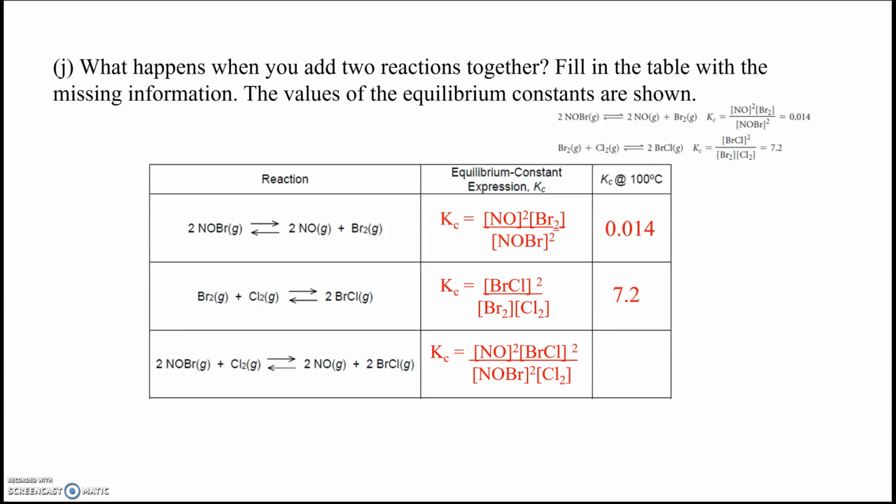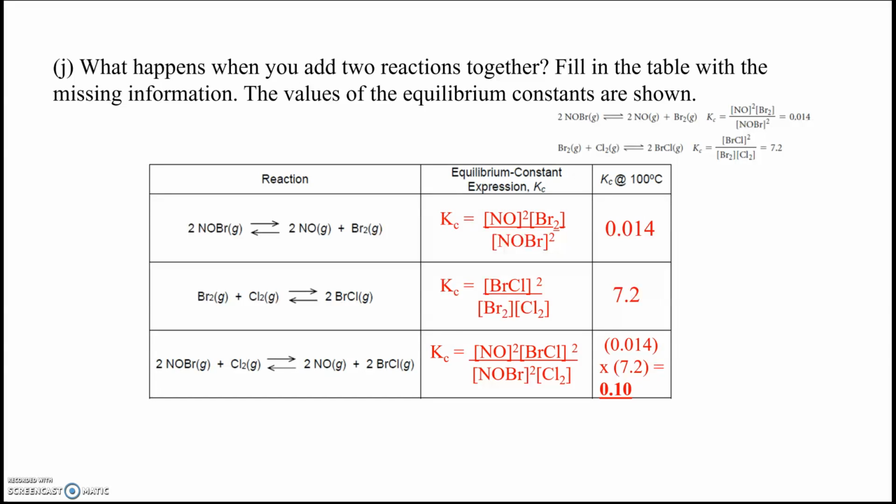So I write my Kc. It's the products raised to their stoichiometric coefficients divided by the reactants raised to their stoichiometric coefficients. And I see that, in fact, this is nothing more than the product of the first two reactions.